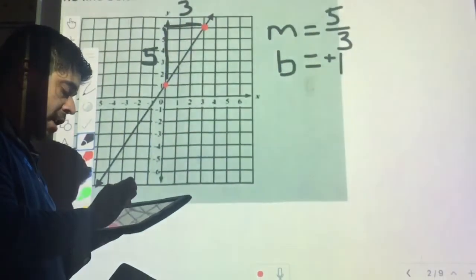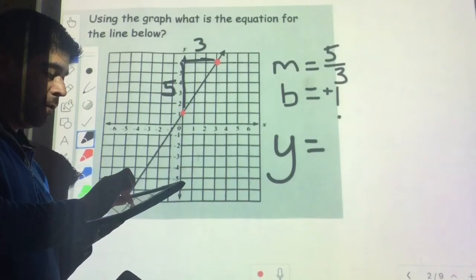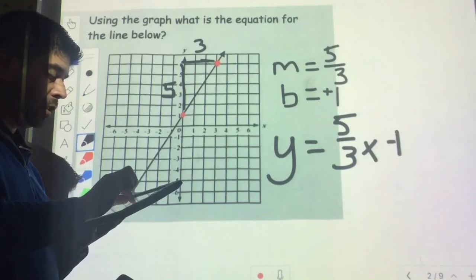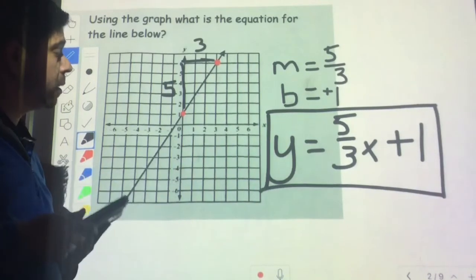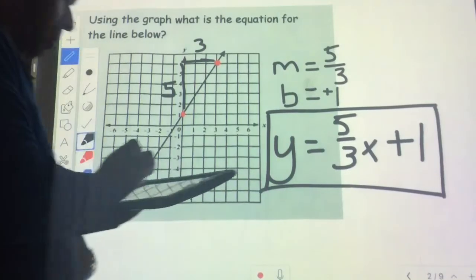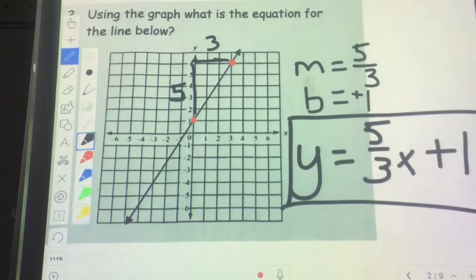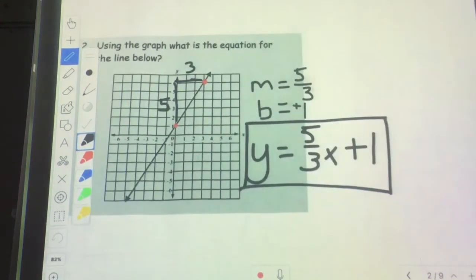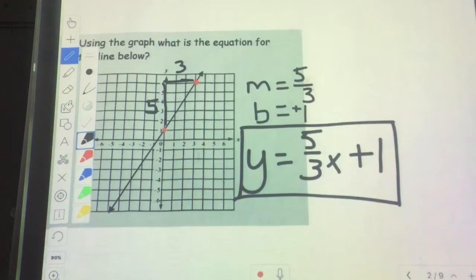So now I can just write my equation. Y equals 5 over 3x plus 1. Just like what we did on the warm-up today.